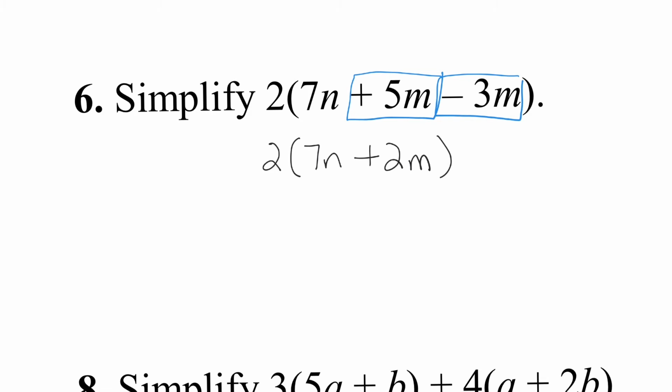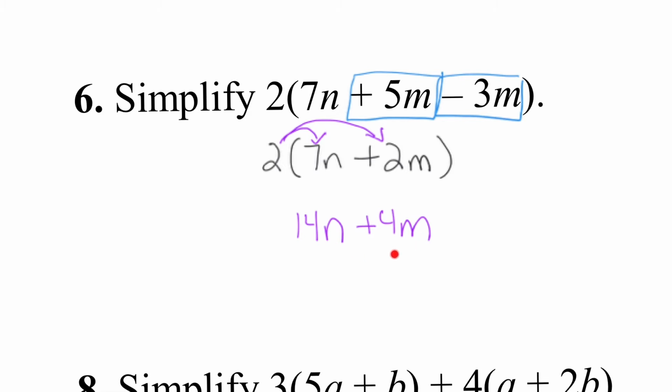One more thing, we have to distribute. You have to multiply the 2 times the 7n, that's going to be 14n. 2 times 7 is 14, n, and then you multiply 2 times 2, and that's going to be positive 4m right here. Now, the standard form, when you have an expression, we always want the highest exponent first, and we always want the letters in alphabetical order.